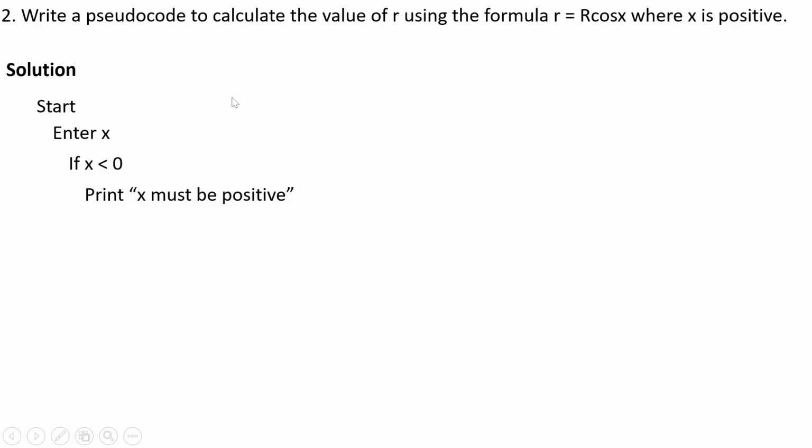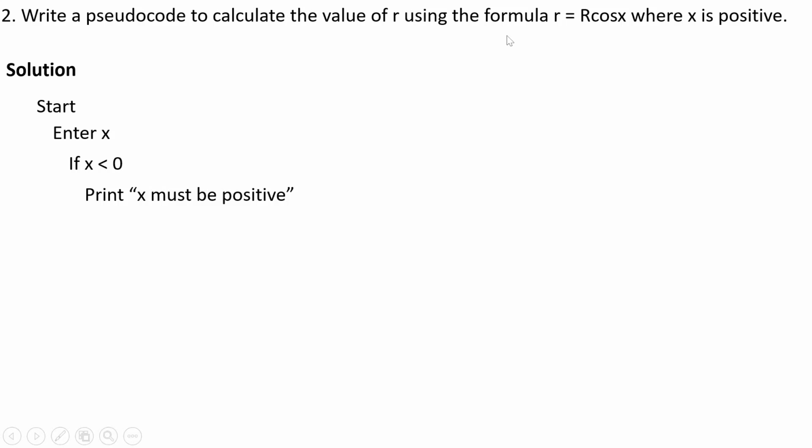Now, why even put this one here? You are putting it here because a person can write x having a positive value, or they can write x having a negative value.